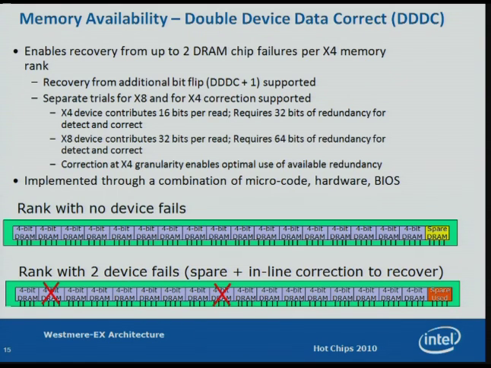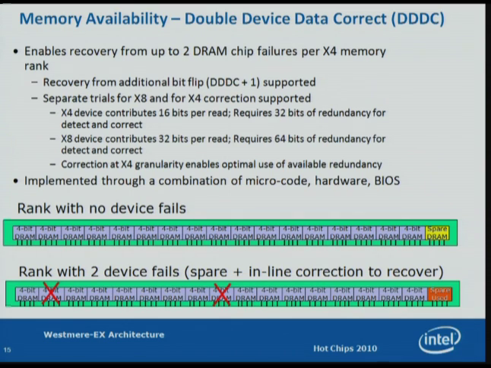If you think about it, a by4 device going bad with our standard DIMMs, because we have channels in lockstep, contributes to 16 bits going bad, and you need 32 bits of redundancy to cover it. Whereas if you have a by8 chip going bad, up to 32 bits can go bad. The observation here was that you can correct at a by4 granularity and a by8 granularity.